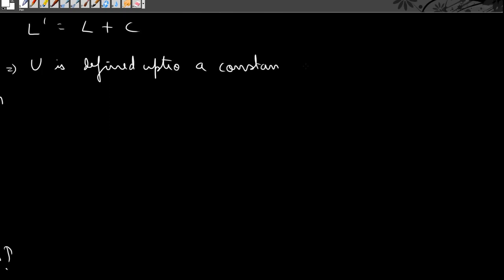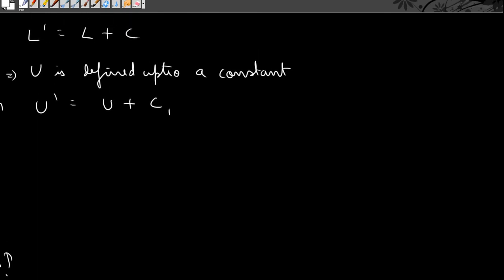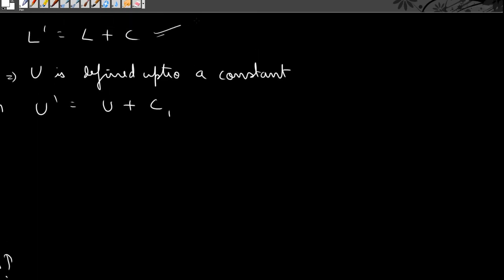What I mean by this is that even if we have u' equal to u plus some constant C1, and I have the same thing in the Lagrangian, we know that we will get back the same equations of motion. So how do we set this constant C1?